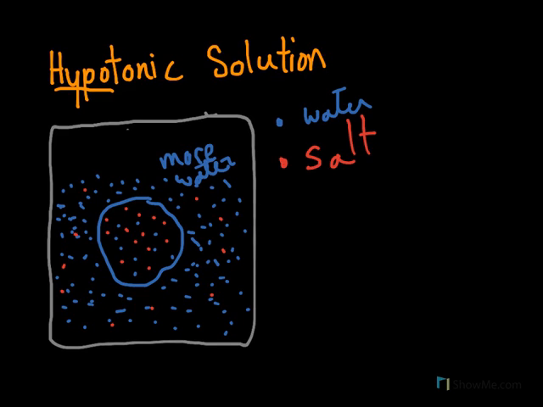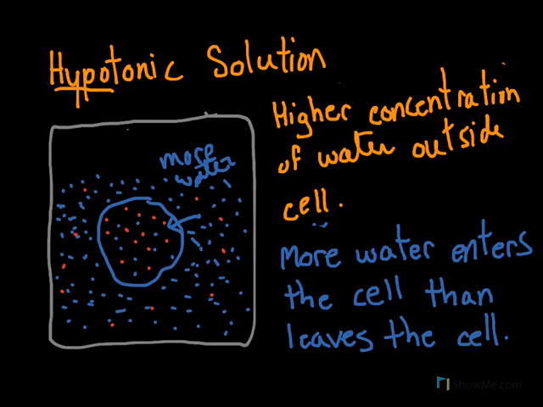So what's going to happen to the overall movement of water? As you guessed it, water is going to have more of a tendency of diffusing into the cell than diffusing out of the cell. So the cell will gain water in a hypotonic solution. So you can see that more water enters the cell than leaves the cell when the cell is placed in a hypotonic solution.